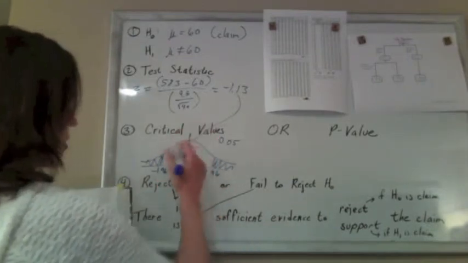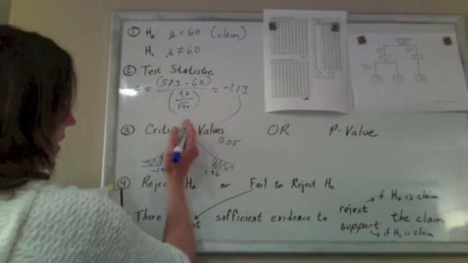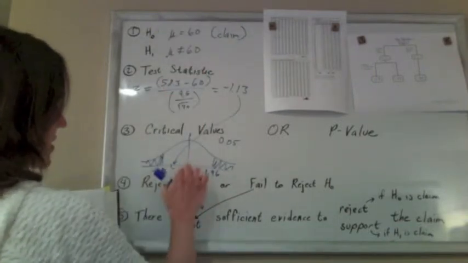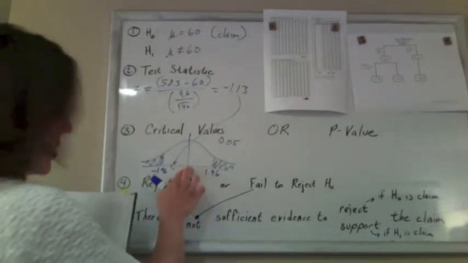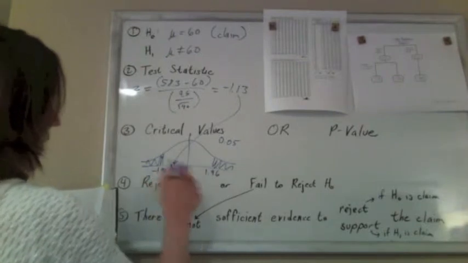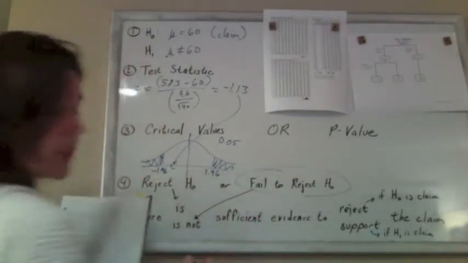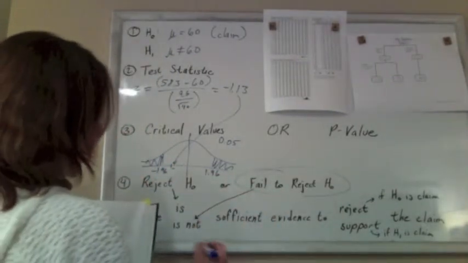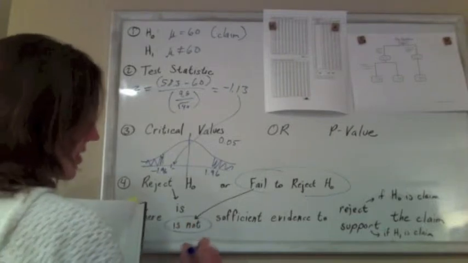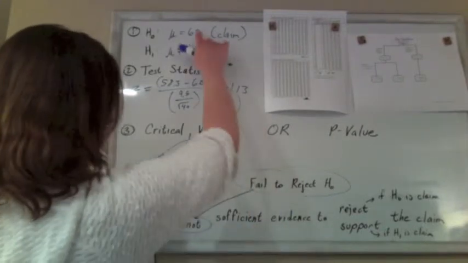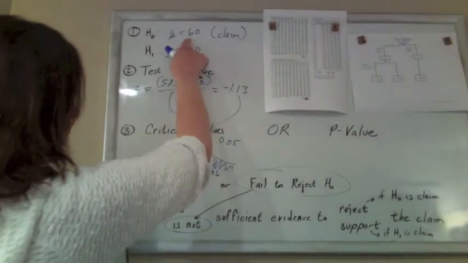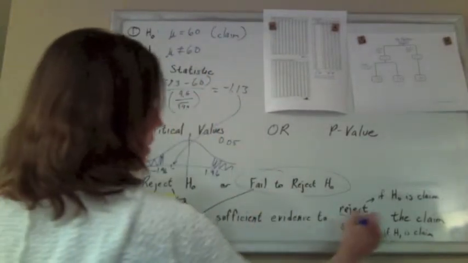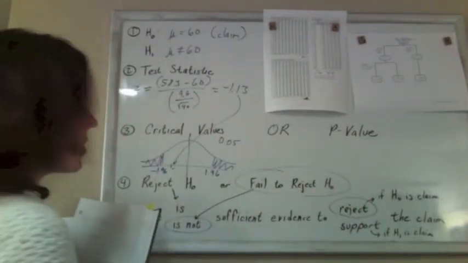It was not extreme enough to say that that null hypothesis wasn't right. So we fail to reject the null hypothesis, which means there's not enough evidence to, and since our claim was the null, there's not enough evidence to reject our claim.